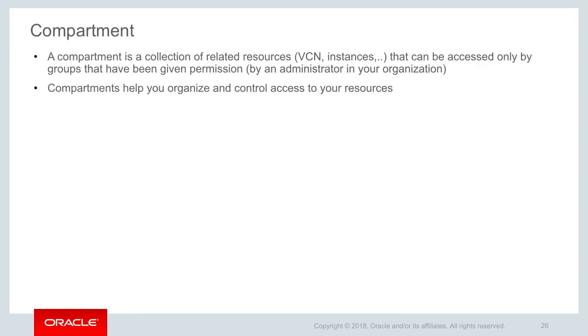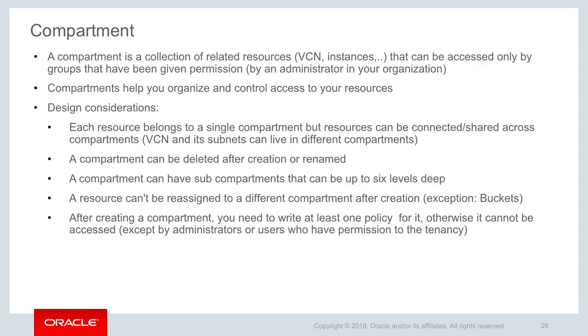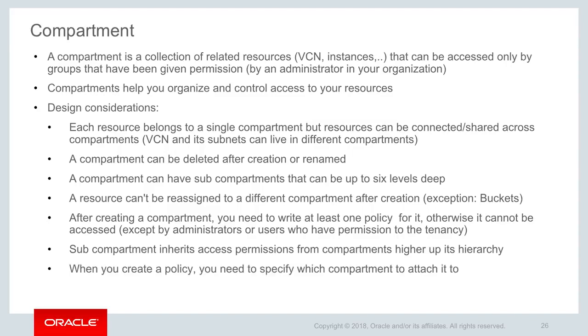So compartments. Let me go here real quick and show the bullet points, and I can talk through them. Compartments allow us to create a logical, isolated segment on the infrastructure. When I say isolated, I mean in terms of authentication, so we can still connect resources across compartments.